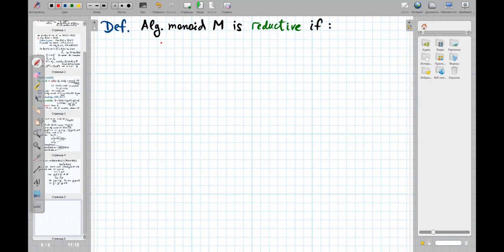First, we assume that M is an irreducible and normal affine algebraic variety, which we assume already in the definition of an algebraic monoid. And the second condition is that its group of invertibles, G, is reductive.